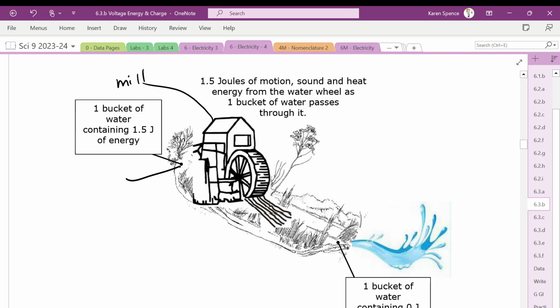As it passes through the mill, we would get some sound, some heat, and a lot of motion. It would drive that water wheel around, and if we attach some gears, it could grind flour and things like that. By the time it gets to the bottom, the bucket of water now has 0 energy.